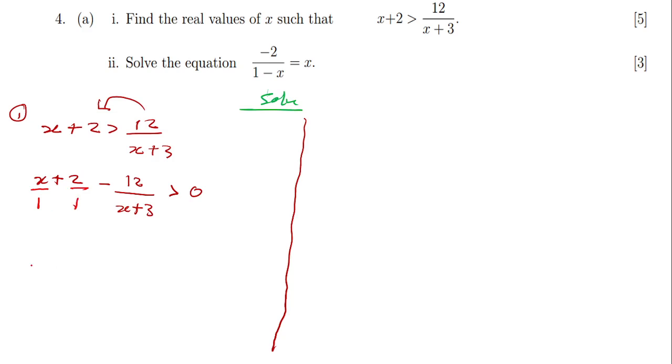Then we find the lowest common denominator, and then we say is greater than 0. So the lowest common denominator there is x plus 3. Then you say 1 into that is that, so x times that.